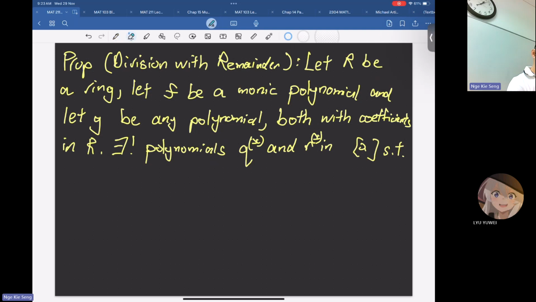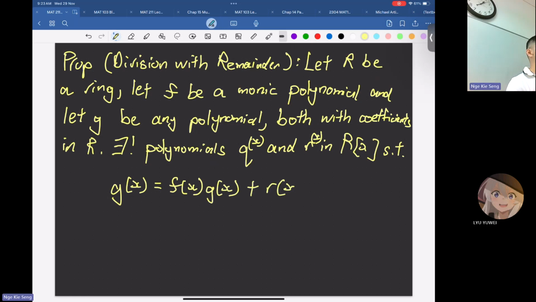Such that any polynomial G, I can split up using my monic polynomial F times some quotient polynomial Q, plus some remainder R.